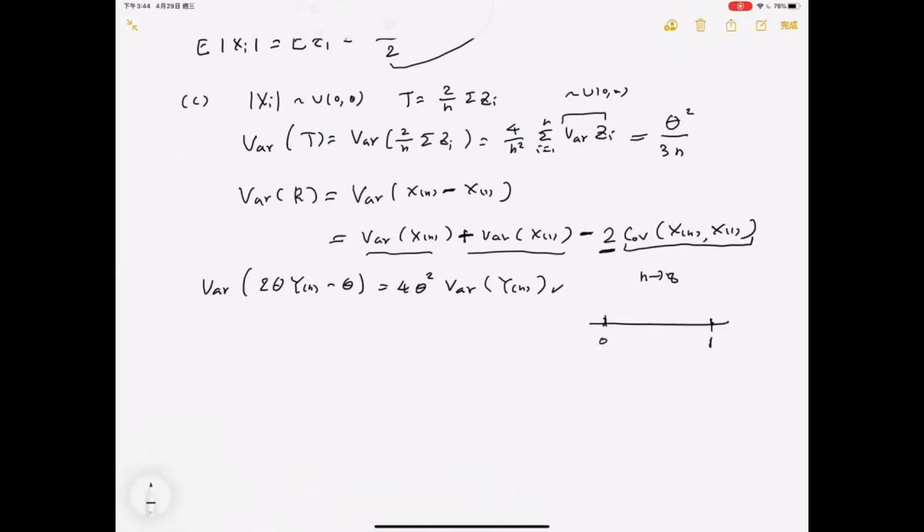By any means, I want to say one thing. You might remember I mentioned that before. As long as you have many things happening in between, n going to infinity means you have a bunch of observations between your 0 to 1 edge. Imagine your dependency between the smallest one and the largest one.